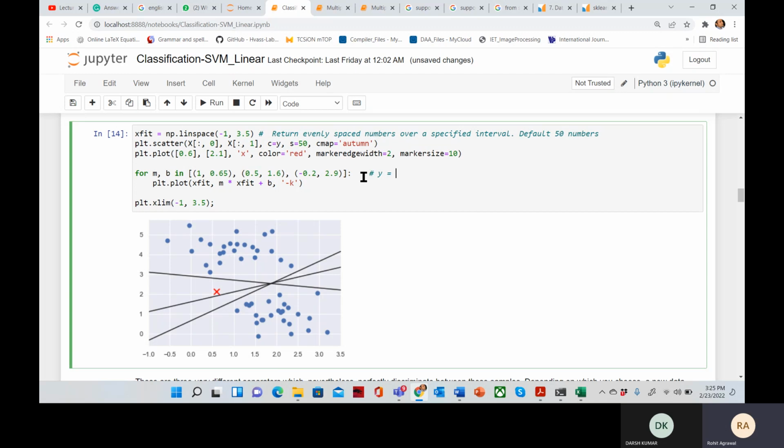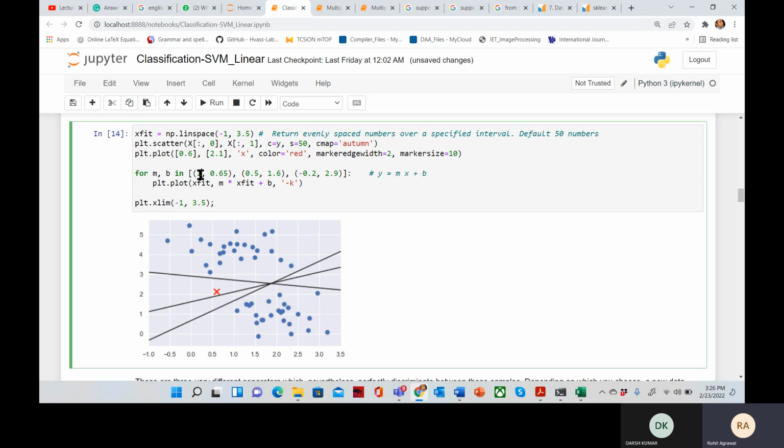y is equal to mx plus b. So this is you can say mx plus c, yes or no? Yes, sir. Mx plus b or you can say mx plus c, and x we have taken this value and m we have taken this value.